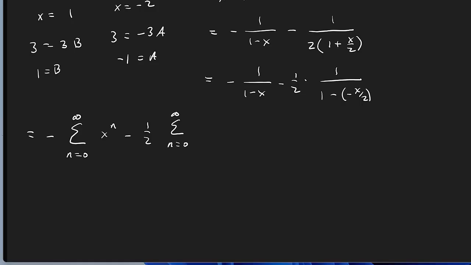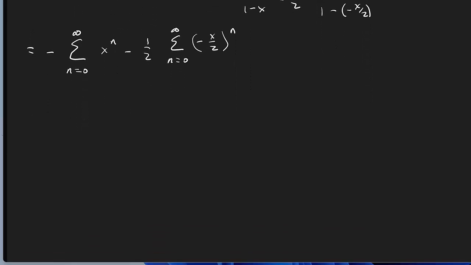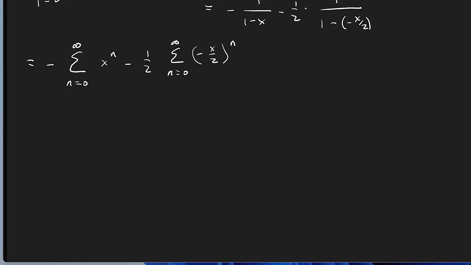Well, here's r, negative x over 2. So that's negative x over 2 to the n. All right, so we're getting there. Let's combine this into one summation instead of two separate ones.